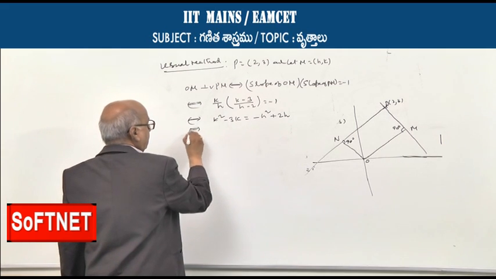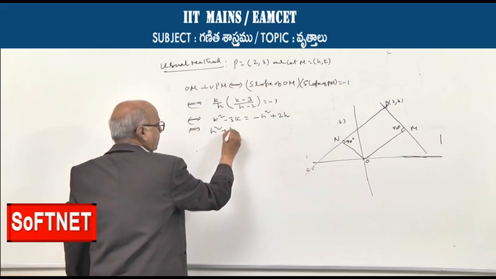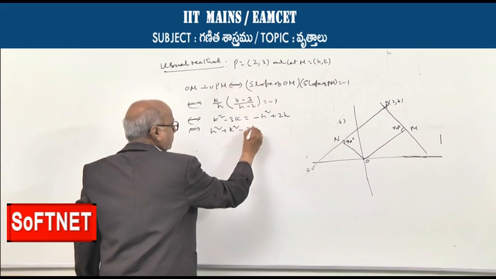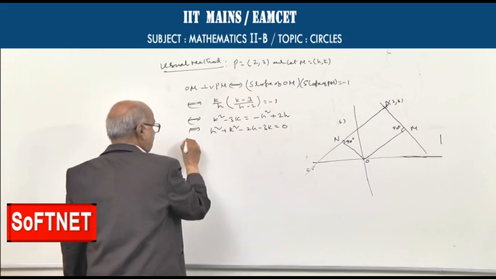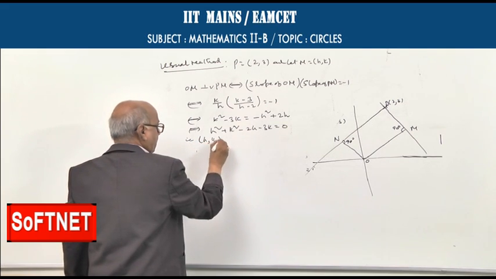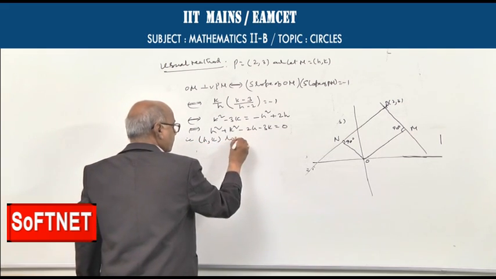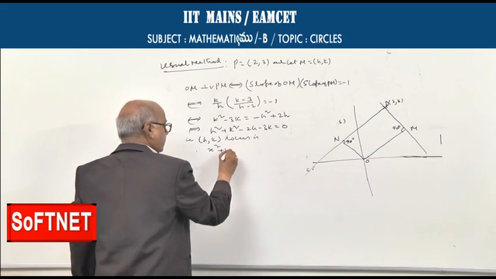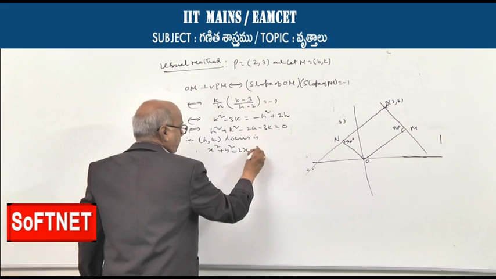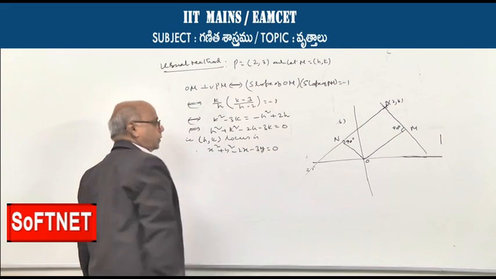So that is if and only if h square plus k square minus 2h minus 3k is equal to 0. That is, the locus of (h, k) is x square plus y square minus 2x minus 3y is equal to 0.